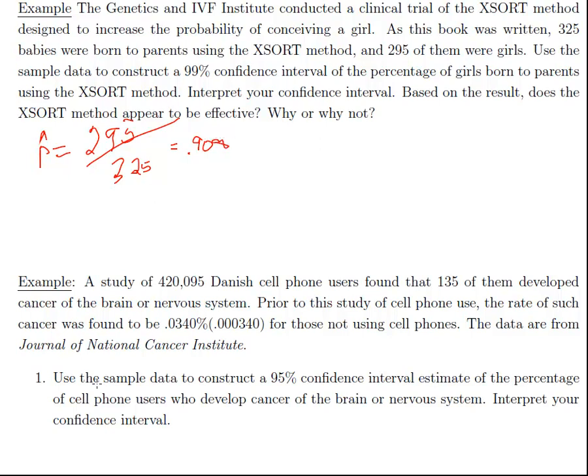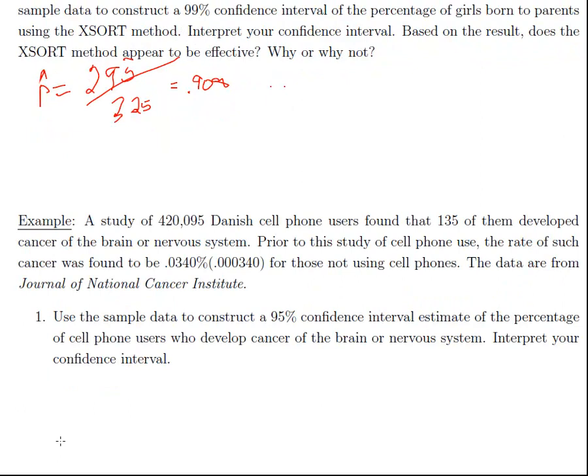Okay, so I want to use that formula I just showed you to calculate a confidence interval. So I'm going to take 0.908 plus or minus, that means I'm adding and subtracting.